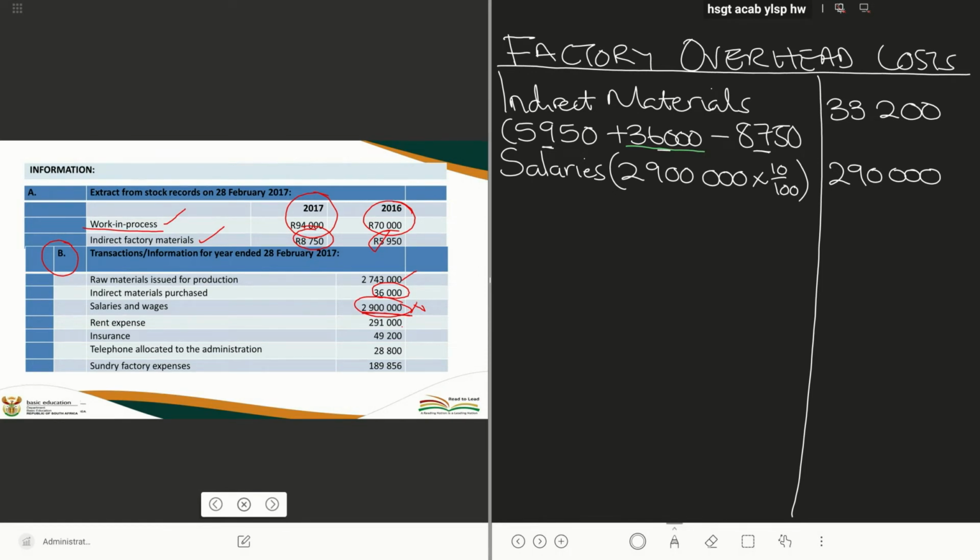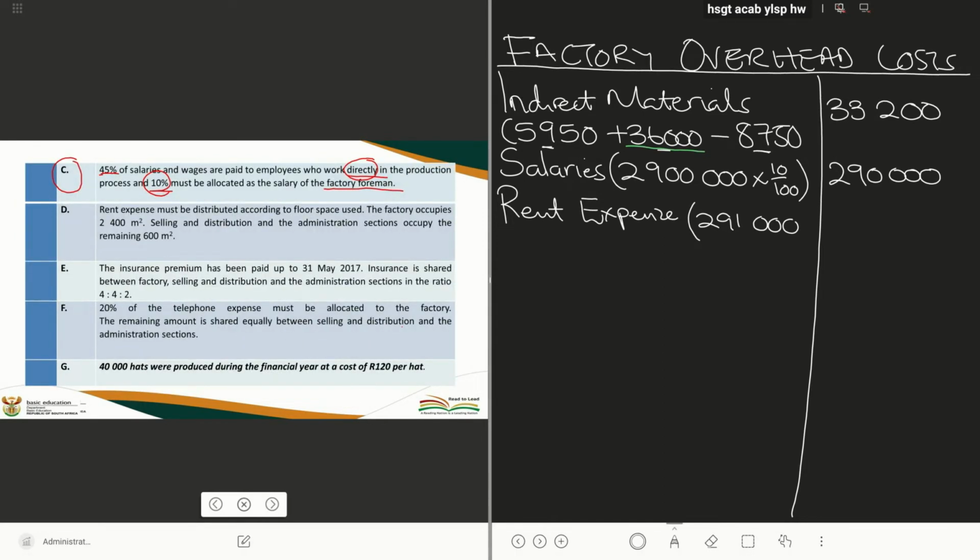Correct. It goes into your factory overhead. So I'm coming here to say rent expense. Now, I'm going to open my bracket. How much is it? 291,000.